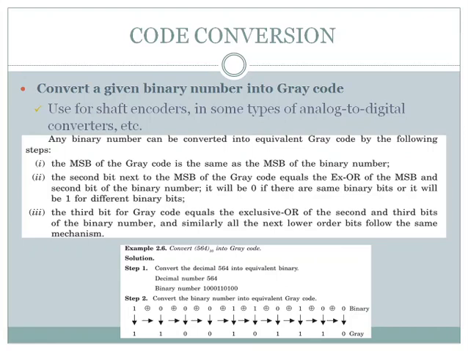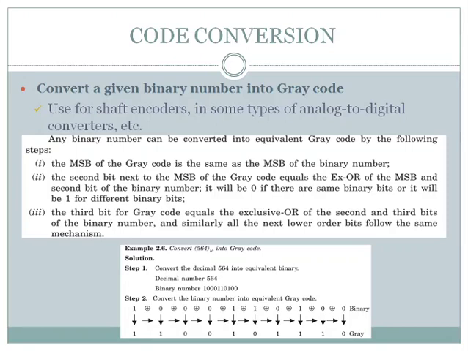So here we go with an example to convert the decimal number 564 into gray code. We cannot convert the decimal number directly into gray code, so first convert the decimal number into its equivalent binary.